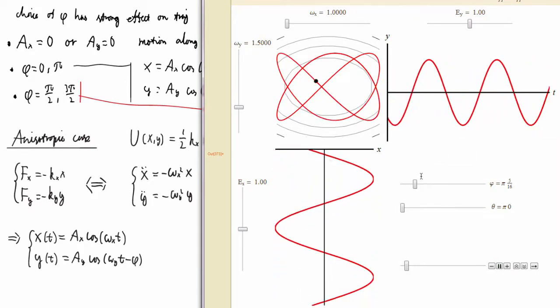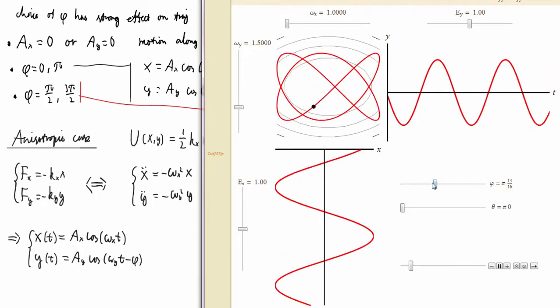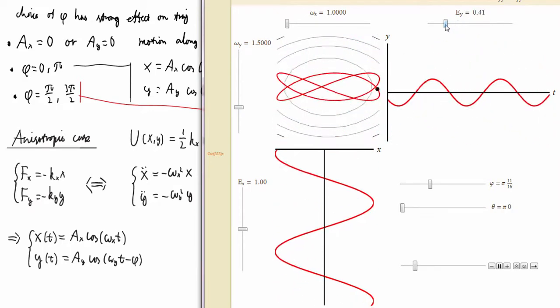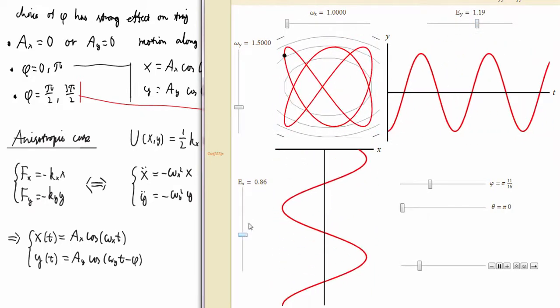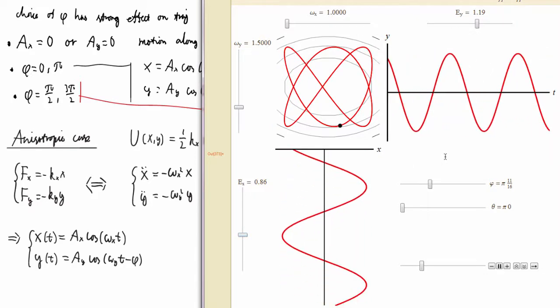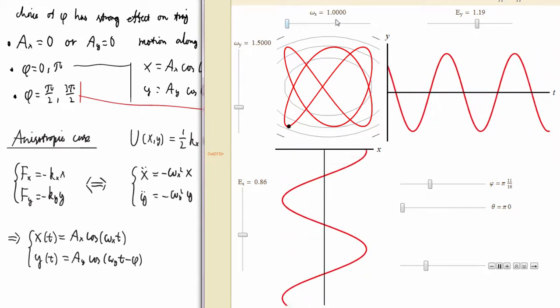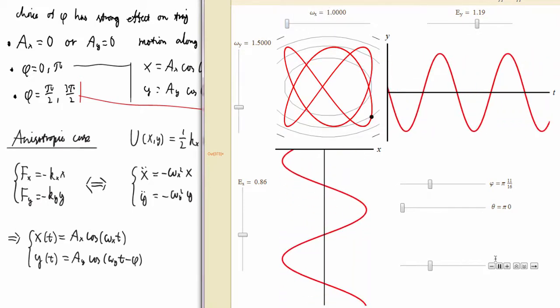Right? In fact, this is smart enough that I can change this while I go along. Right? And I can change the energies here too. That doesn't change the shape, but it does change the aspect ratio of this figure that the oscillator writes out. And depending on what I choose here for my frequencies, things get more and less complicated.